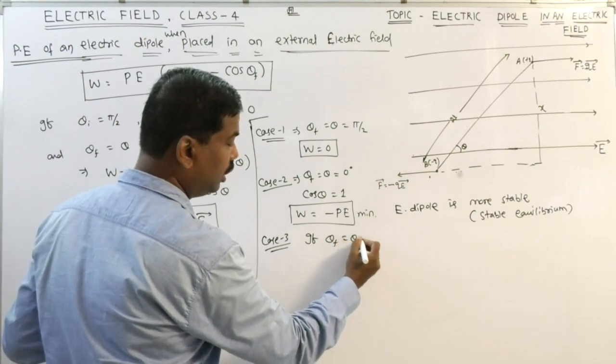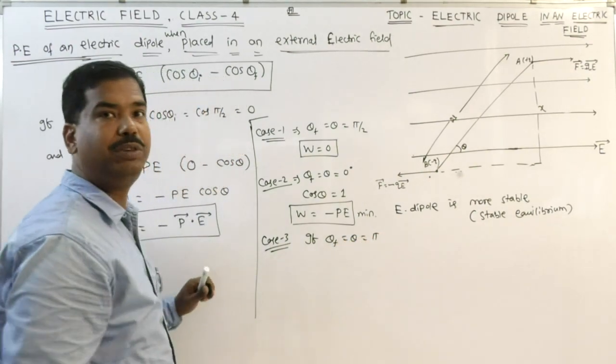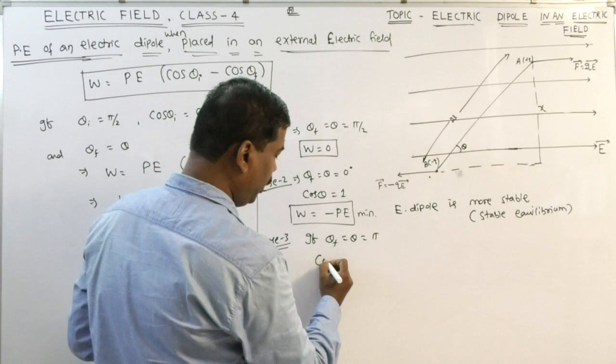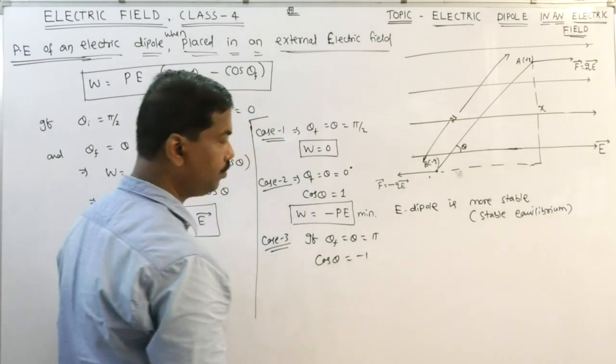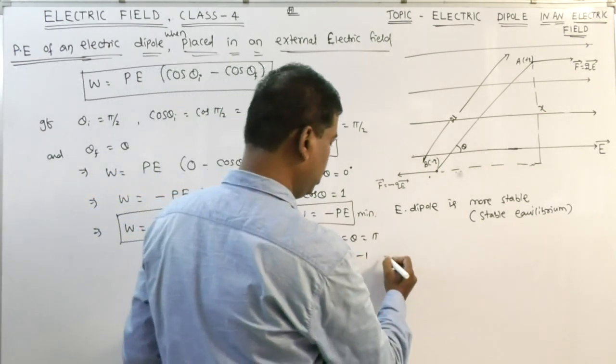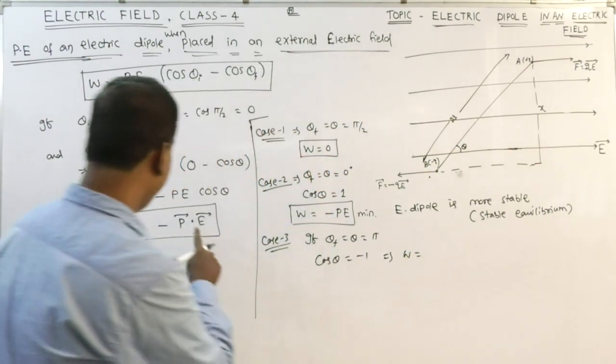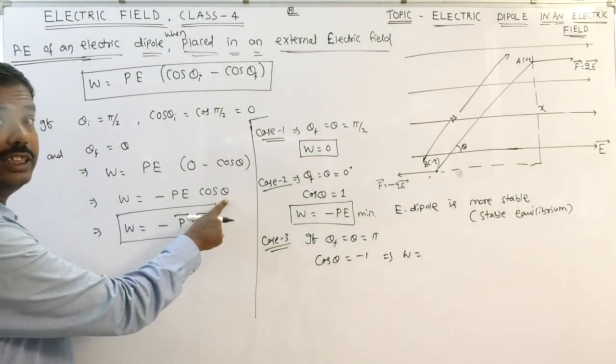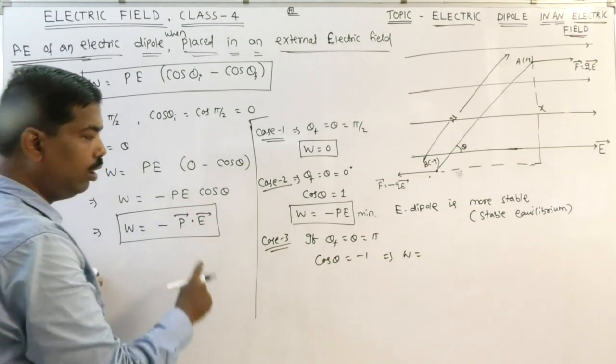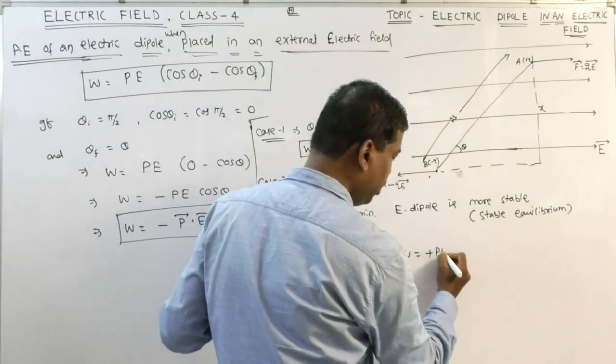If theta f is equal to pi, it means opposite to the field. Then we know that cos theta is equal to minus 1, and the term is minus PE cos theta. So cos theta is minus 1, minus times minus, the answer will be plus PE.